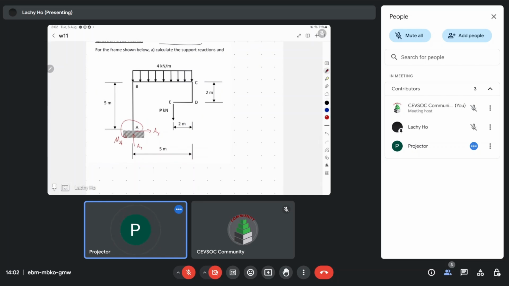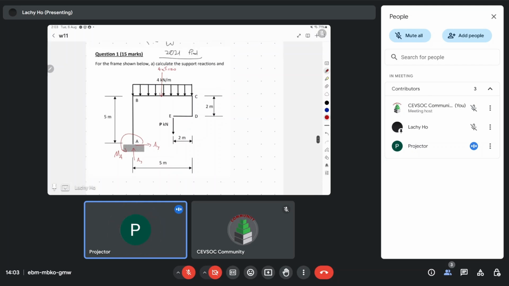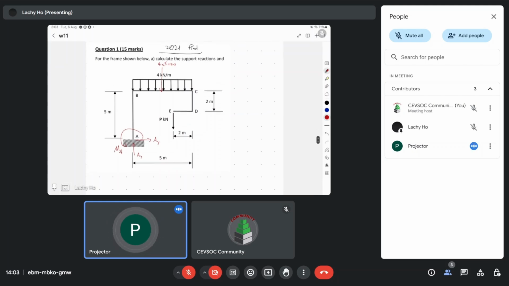As we solve this, let's convert our UDL into a point load acting straight down the middle: 4 times 5, which equals 20. And let's say P equals 10.